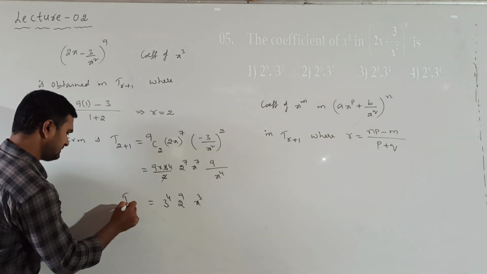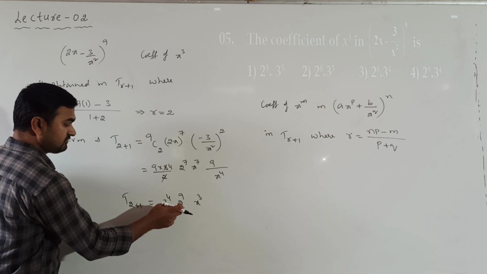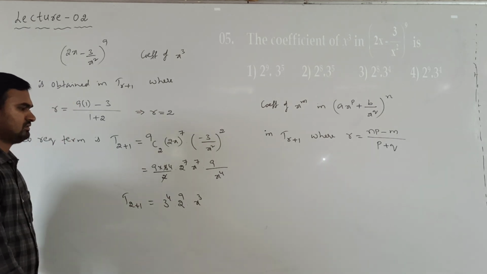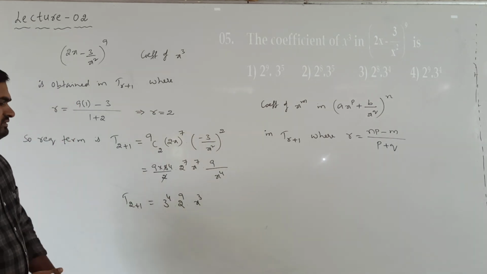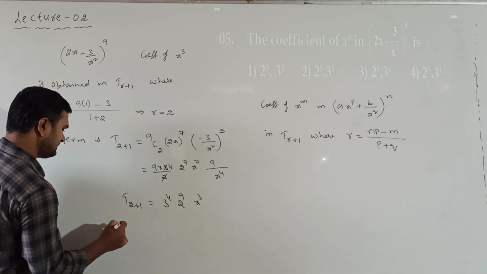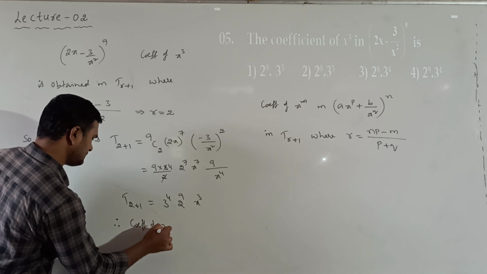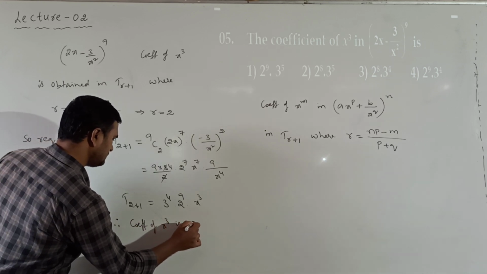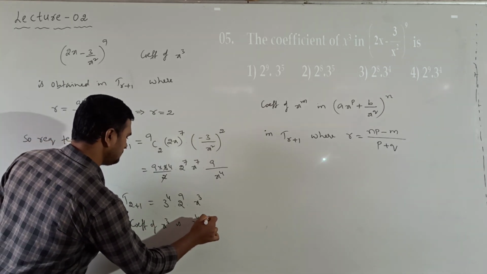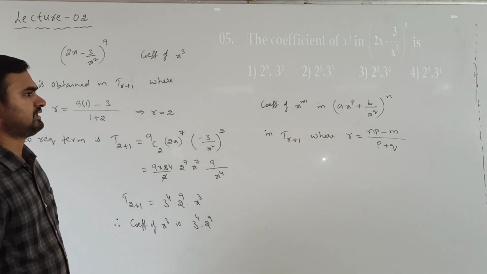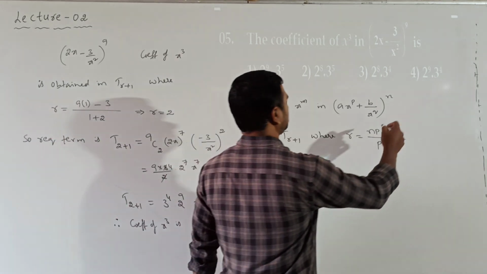So the required t 2 plus 1 is 3 power 4 into 2 power 9 into x power 3. So what is the coefficient? The coefficient of x power 3 is 3 power 4 into 2 to the power of 9. So that will be the fourth option.